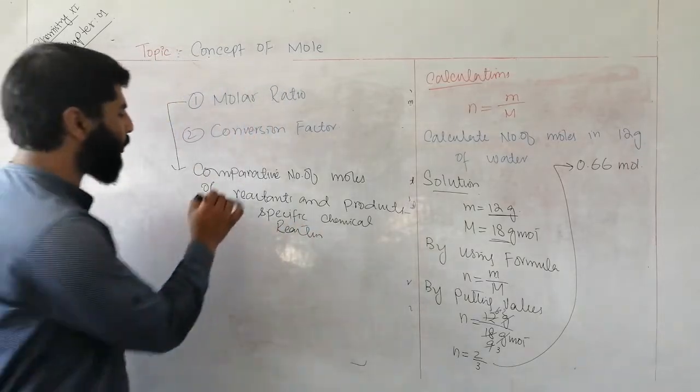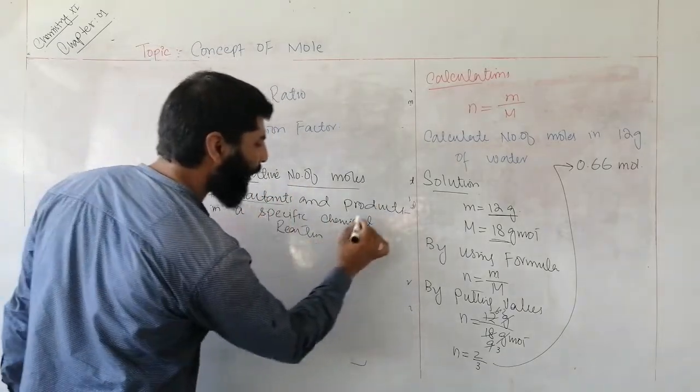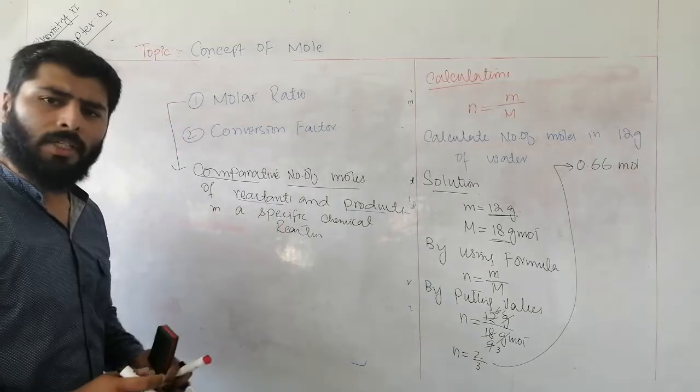Comparative number of moles of reactants and products in a specific balanced chemical reaction.